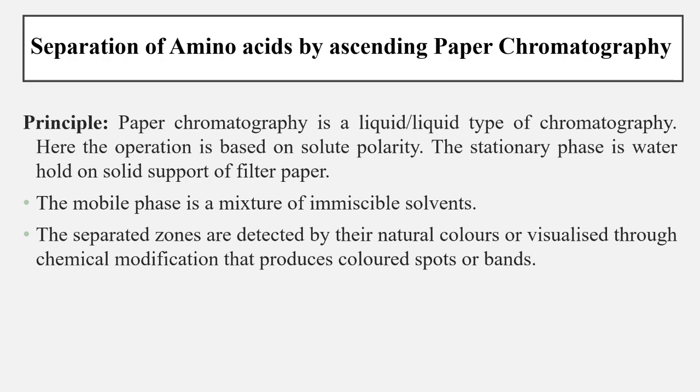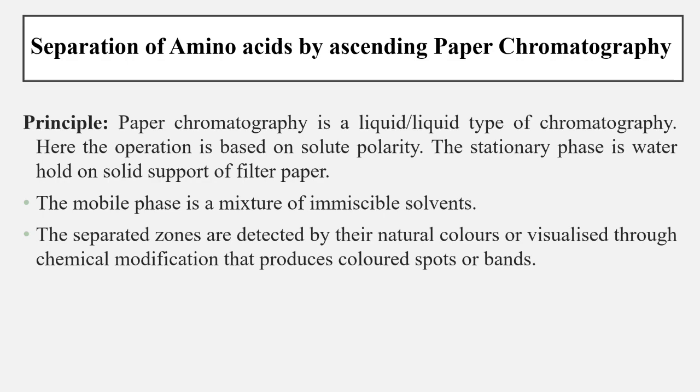Now the principle of paper chromatography. Paper chromatography is a liquid type of chromatography. Both the stationary and mobile phases are liquid only. The operation is based on solute polarity, so based on polarity the separation or distribution will occur.